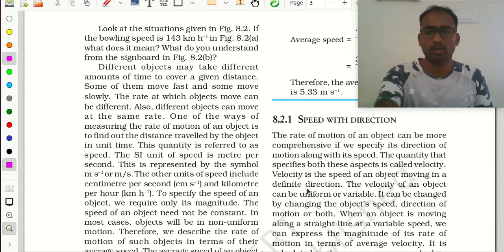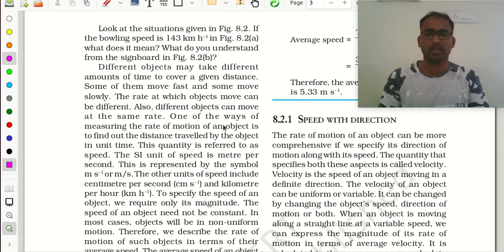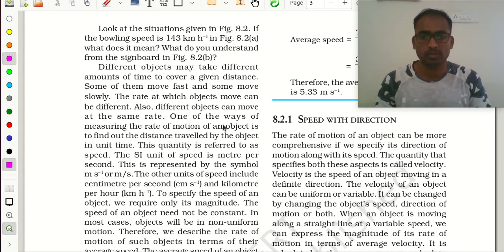So you observe, na, the bowling speed is changing. Here the first ball has 143 km per hour, and the second ball also may not be the same as the first ball's speed, it may change. Okay, and on signboards also, just now I told you the speed limits for different vehicles.